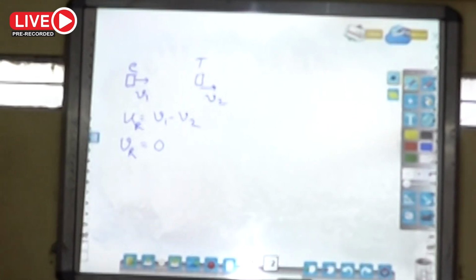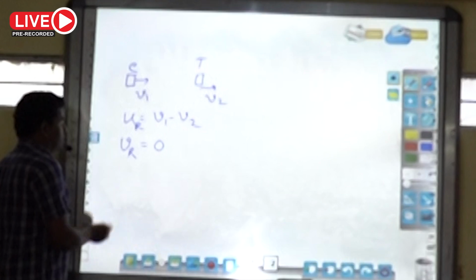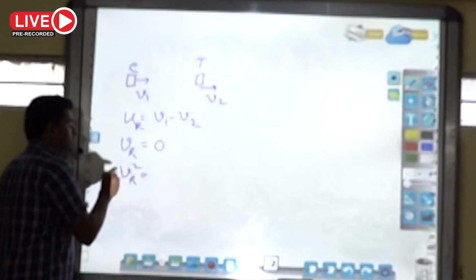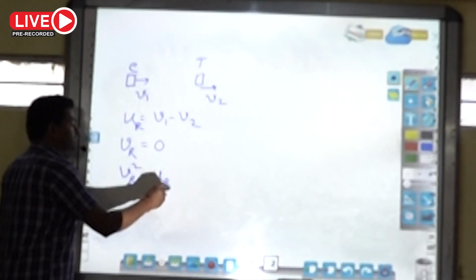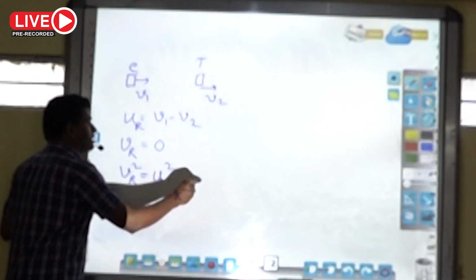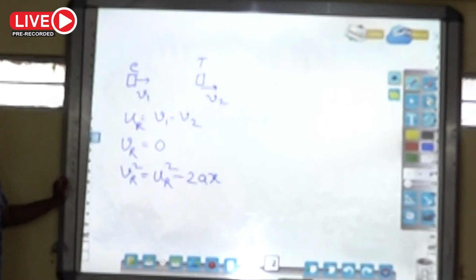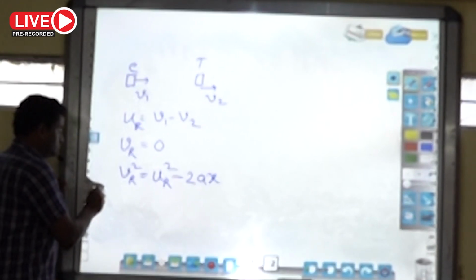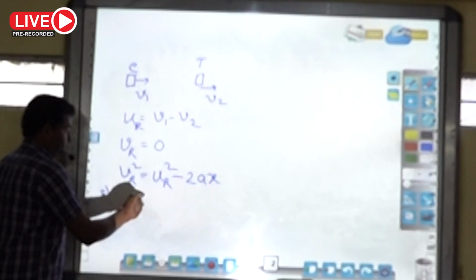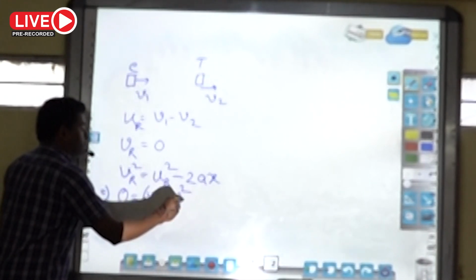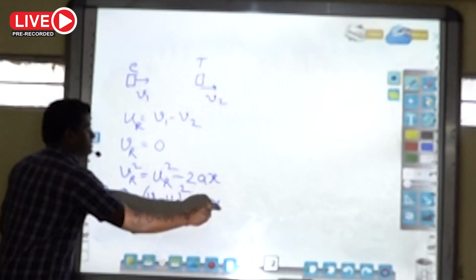Clear? Now, in this way, if I write the equation VR square equal to UR square minus 2AX. Gap between them is X and retardation is A. So putting 0 here, 0 equals V1 minus V2 whole square minus 2AX.